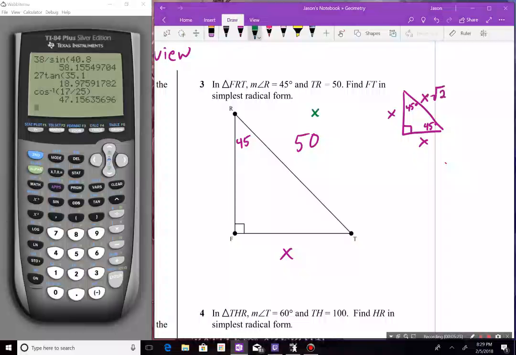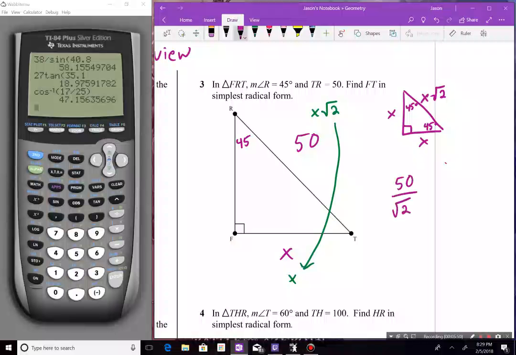So the hypotenuse would be x square root 2, and this would be x. To go this direction, I have to get rid of the square root of 2. The opposite of x times the square root of 2 is x divided by the square root of 2. So we're going to take 50 and divide by the square root of 2.